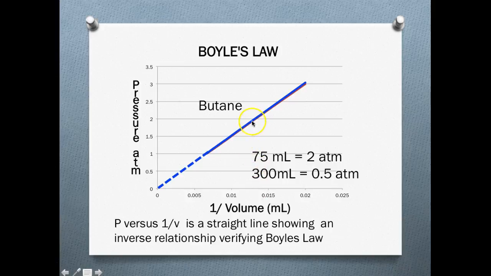So if you draw a line up and then draw another line to the y-axis, it falls at 2 atm, and then 300 ml is 0.003. So again, you draw a line perpendicular to the plot, and then another line to the y-axis, and it corresponds with 0.5 atm. All right, so this is verifying Boyle's law, the straight line plot.